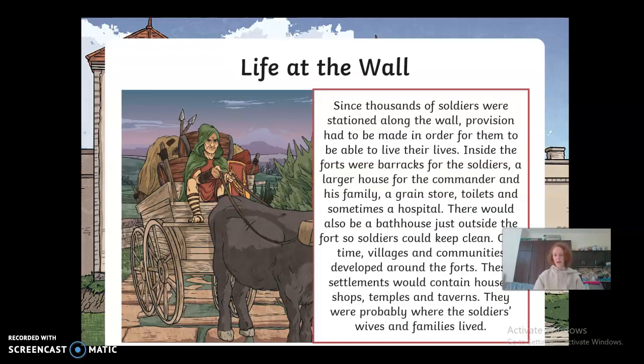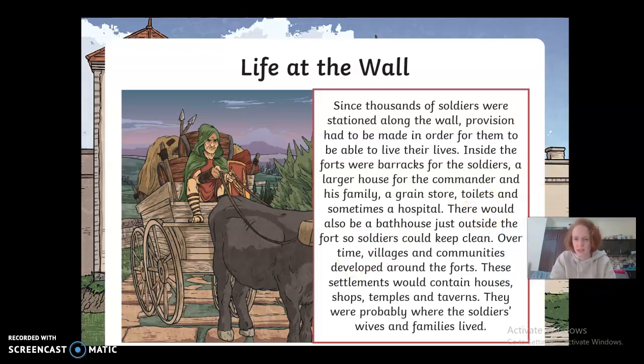Roman soldiers had life at the wall, as you know. Let me move my camera so we can see the text properly. There were thousands of soldiers stationed along the wall, okay? So the emperor had to make it possible for them to stay at this wall for a long period of time. You cannot send soldiers somewhere and not give them food or access to a bathroom, okay?